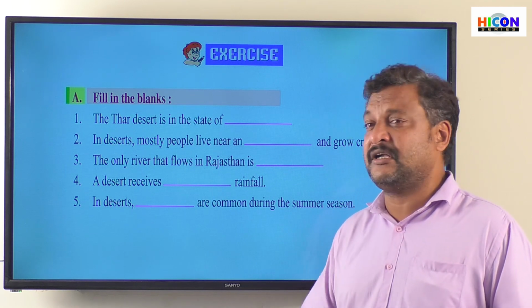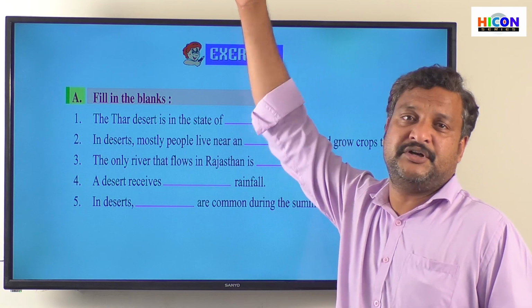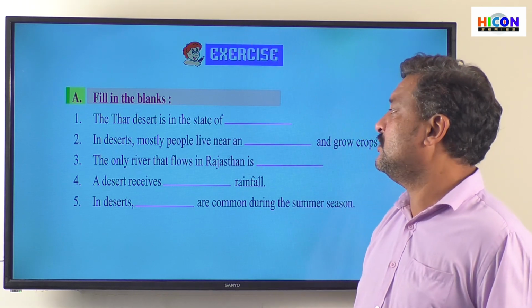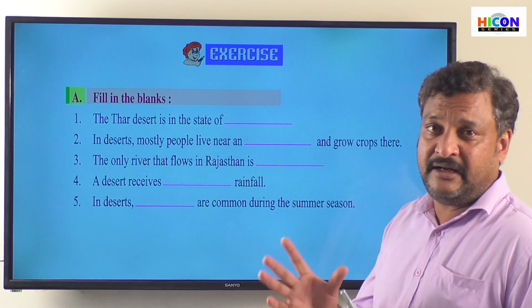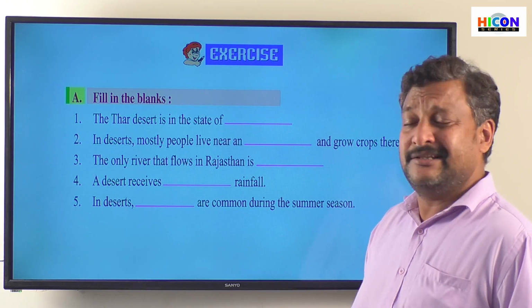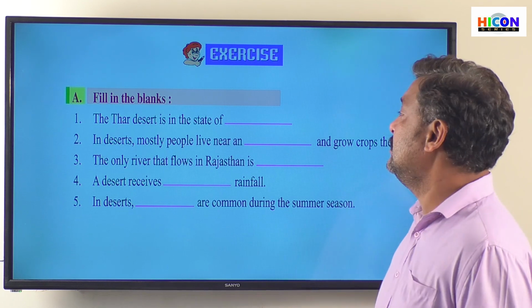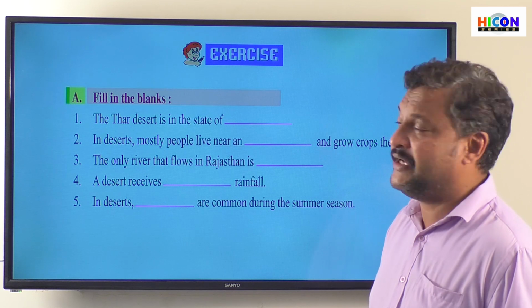It extends from the Kutch region in Gujarat till the state of Haryana. So the major portion of the Thar Desert is in Rajasthan.